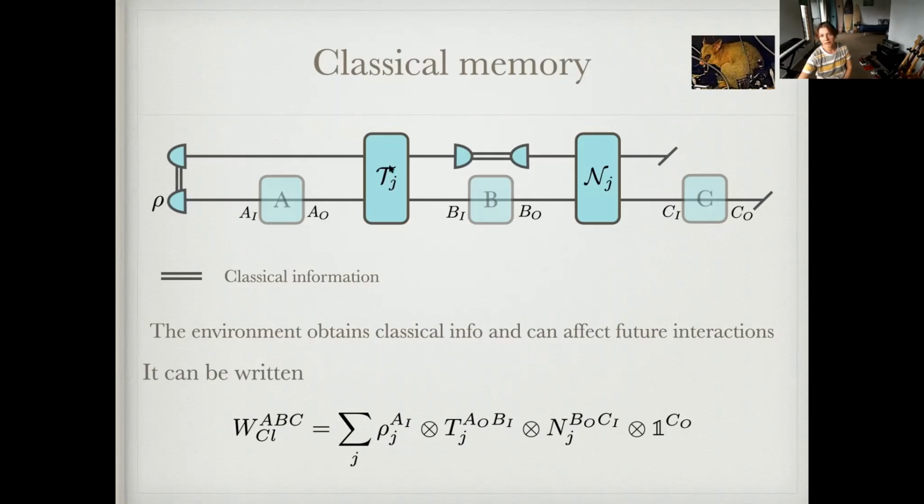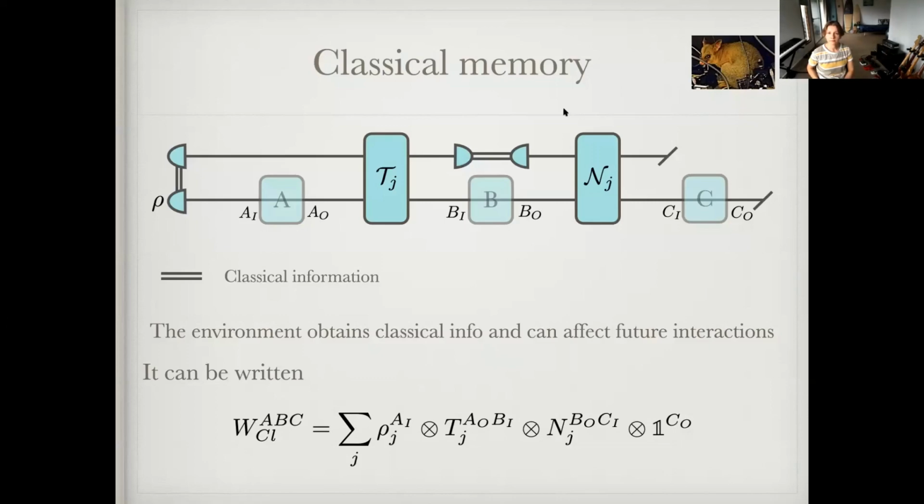Right. So my question is, this classical information obviously can affect the state of the environment just preceding the transformation N. But do you assume that the classical information about the past, the classical memory, can also affect the nature of the environmental interaction N?